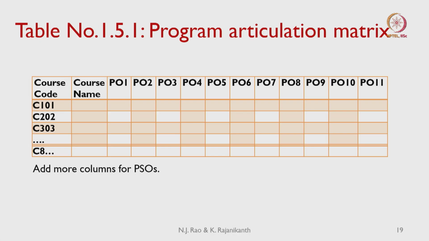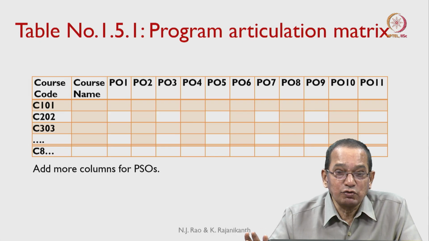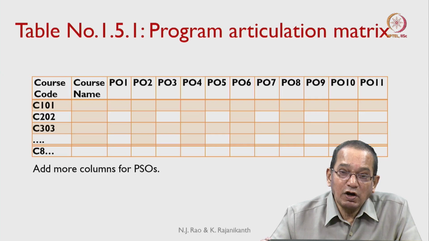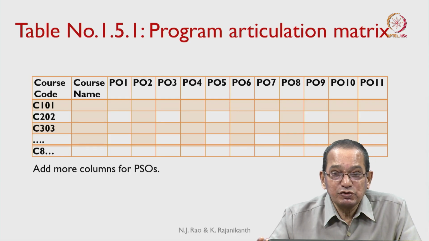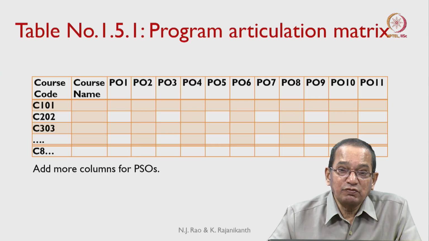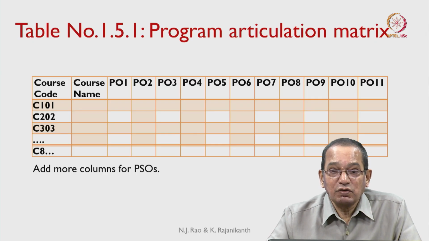So, here if you see course code C101, that is a first year course, there is only one row. That means the outcomes that have been there for a course, CO 1, 2, 3, 4, 5, 6 etc., and the mappings to the POs, they are averaged out and that value is taken as the value for the entire course.